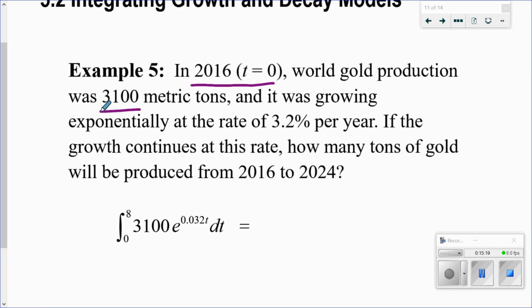The idea here is that we're using that same amount every year, but it actually grows a little each year because we use a little more than we did the year before. It was growing at a rate of 3.2% per year. If the growth continues at this rate, how many tons of gold will be produced from 2016 to 2024?